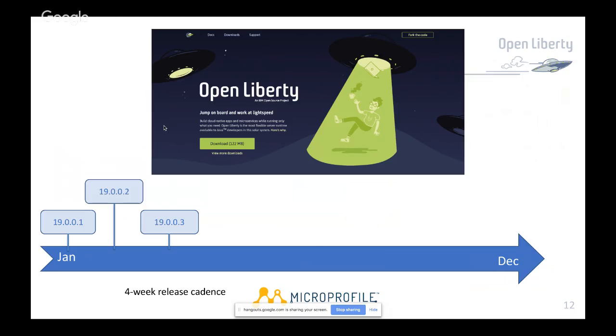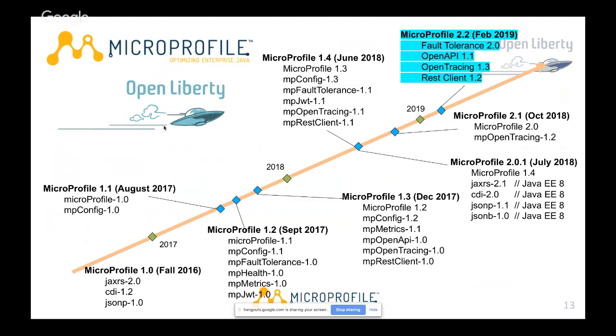As I mentioned earlier, I work on Liberty, and also on MicroProfile. Liberty is currently doing a monthly release, and in 19.03 we implemented the MicroProfile 2.2 release. So you can download 19.03 and start to experiment with MicroProfile 2.2, which is listed here. As you can see, this busy chart demonstrates how fast MicroProfile is evolving.